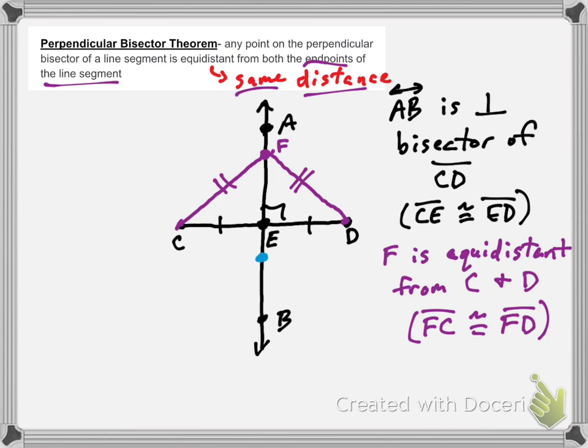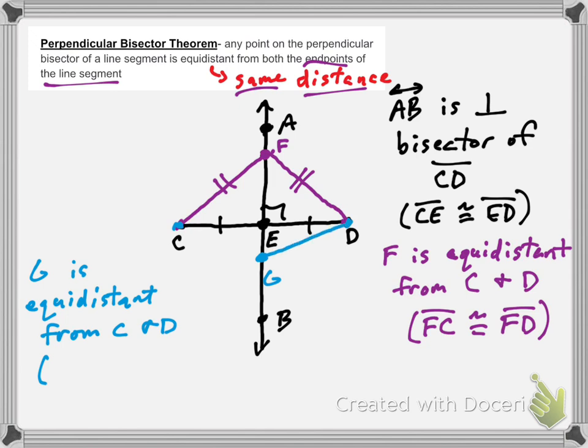We'll call it G. Well, G is on the perpendicular bisector, so G is equidistant from, again, the endpoints C and D. So if I connected G and D, and I connected C and G, that would mean that CG is congruent to GD.